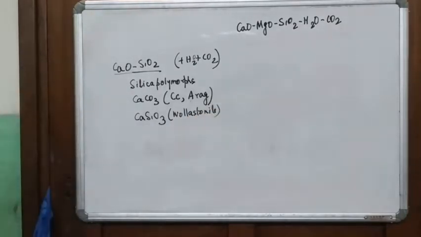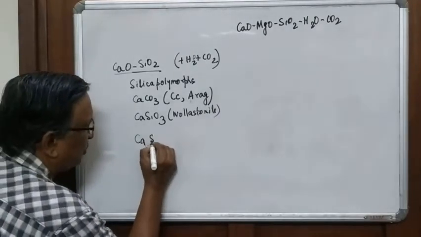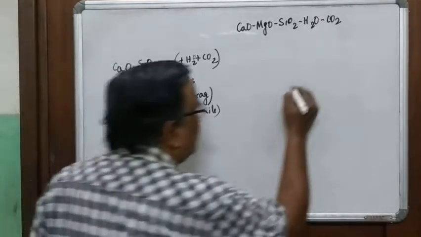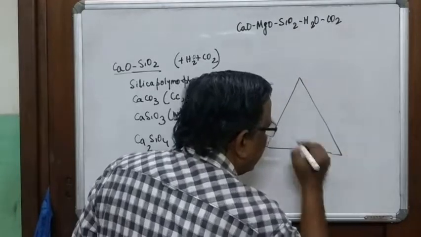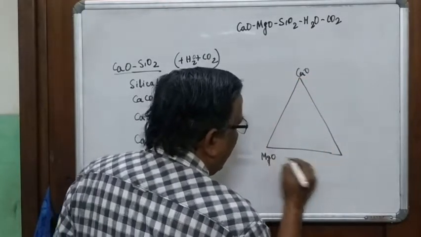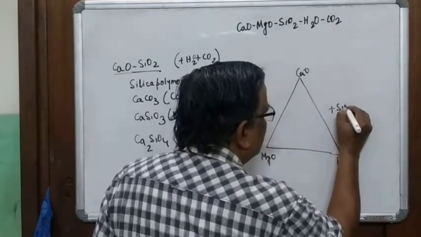And then you have, for example, Ca2SiO4. Say, for example, if you take the olivine structure, this is CaO, this is MgO, and this is FeO, plus SiO2.